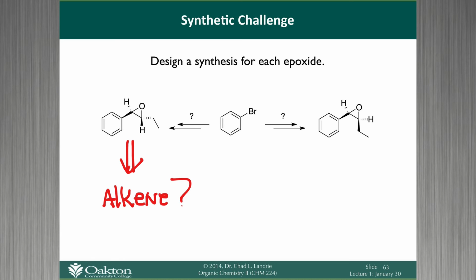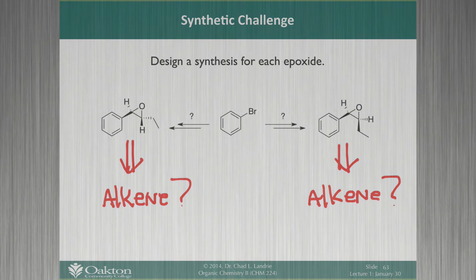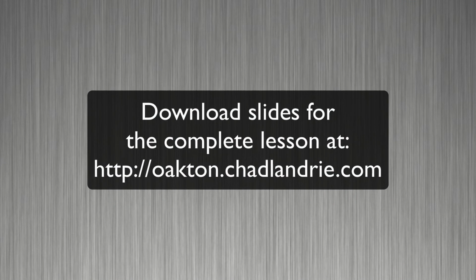Okay, the epoxide on the right is a cis epoxide. The phenyl group and the ethyl group are both on the same side. So your goal is, again, what alkene can I make that cis epoxide from? Probably a cis alkene.